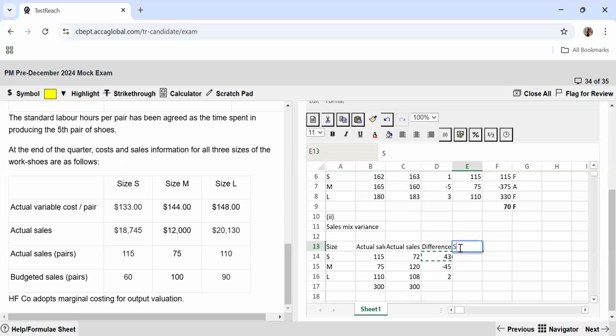Now moving towards the, what do we multiply it with? So we are going to multiply it with the standard contribution. Standard contribution, we just found out in the previous part, it was 35, 33, and 43. This is what we had found out. And now we will get our sales mix variance.